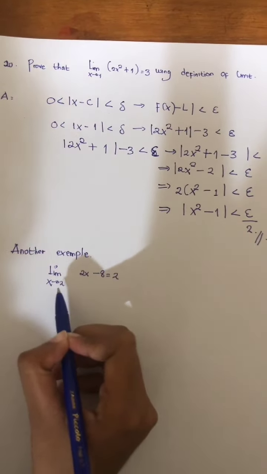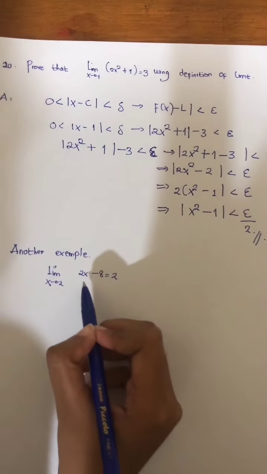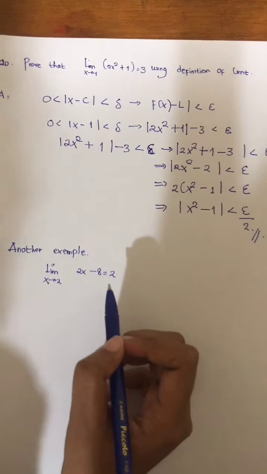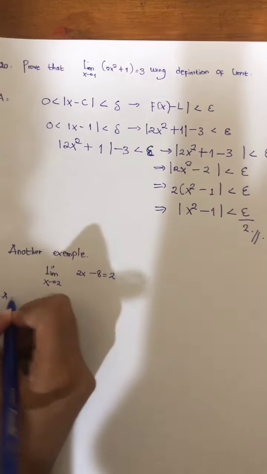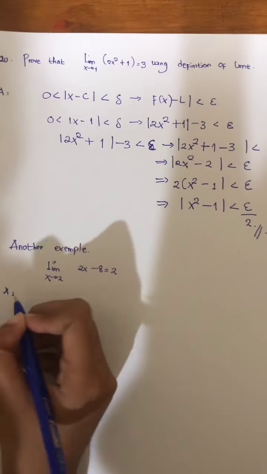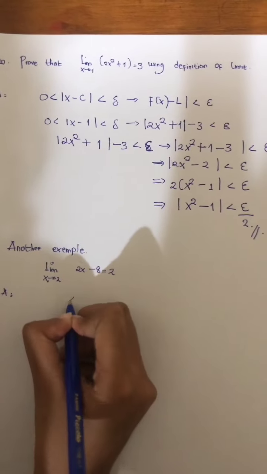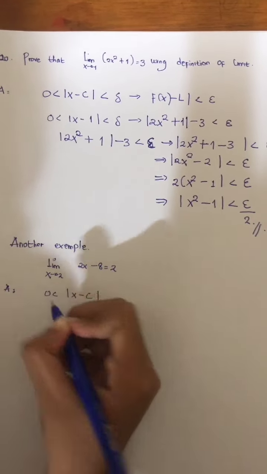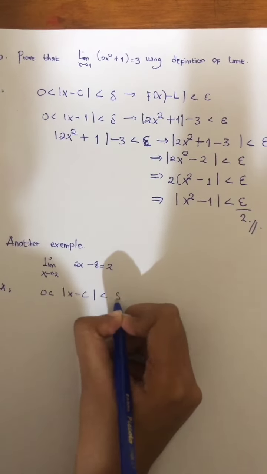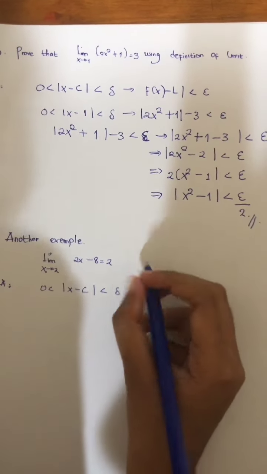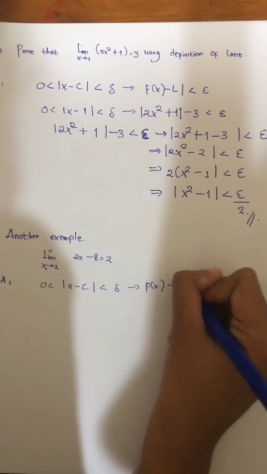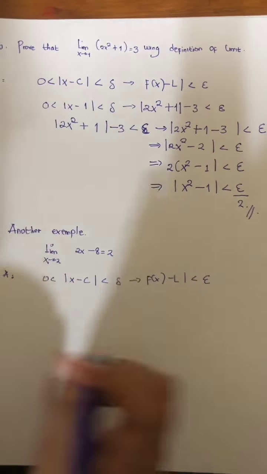The limit as x approaches 2 of 2x minus 8 equals some value. Answer as before. Write the form: absolute value of x minus c greater than 0 and less than delta, together with f(x) minus L less than epsilon.